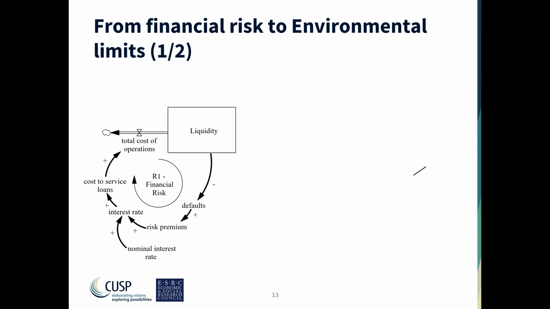A reinforcing feedback loop is used to change interest rates and defaults in the economy. In particular, it is assumed that an increase in liquidity would decrease defaults. Of course, it is also true that a decrease in liquidity would raise the default rate. When defaults increase, interest rate will rise to balance the increased risk of the sector, such as the cost of debt.